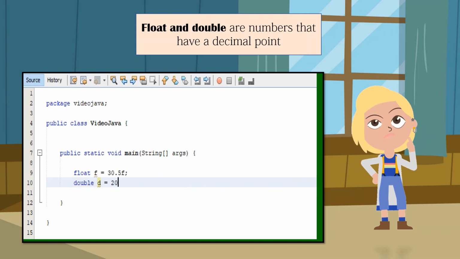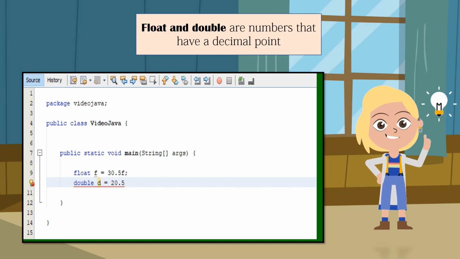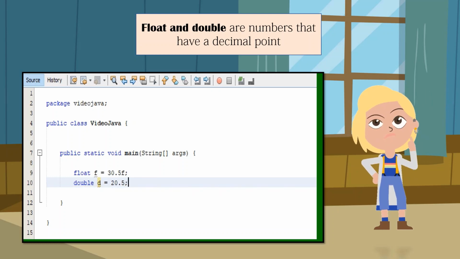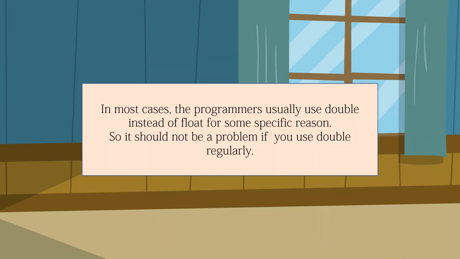Unlike in float, you don't need to put anything at the end. In most cases, the programmers usually use double instead of float for some specific reason, so it should not be a problem if you use double regularly.